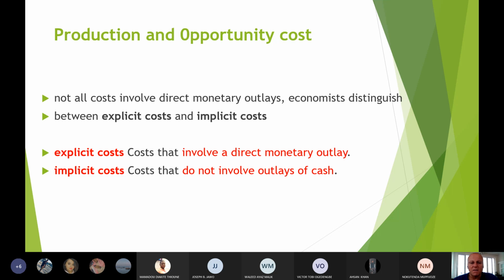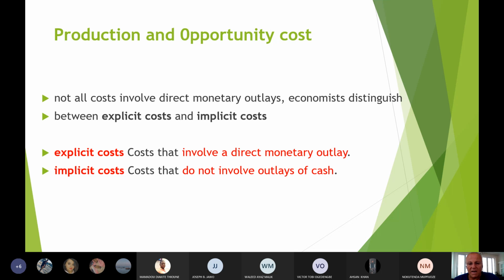And production capacity is also related with the opportunity cost. As much as you are giving up something to get something is the representation of the opportunity cost. And as it is written here, not all costs involve direct monetary outlays. Economists distinguish between explicit costs and implicit costs.